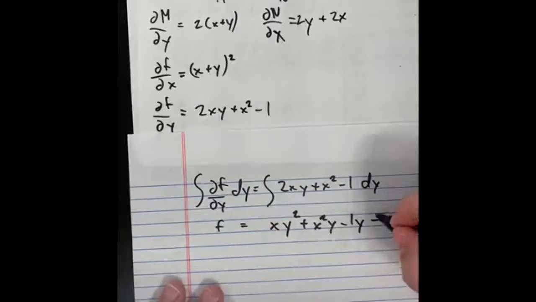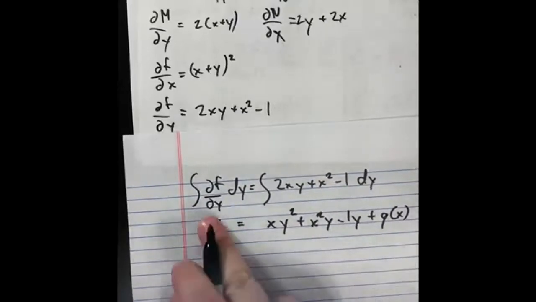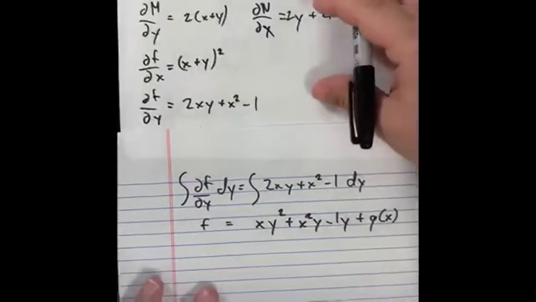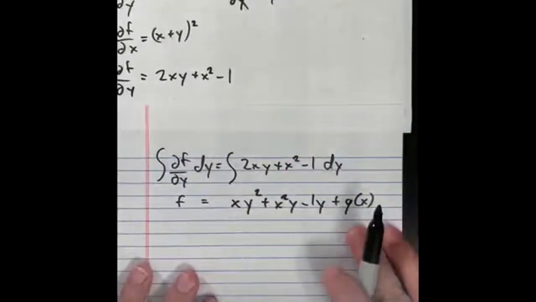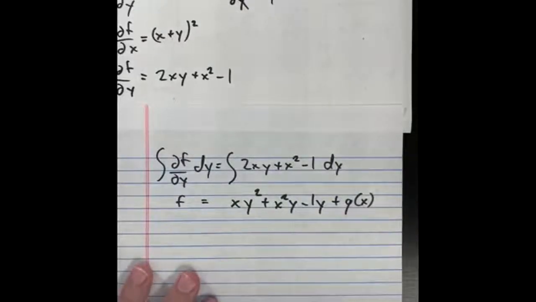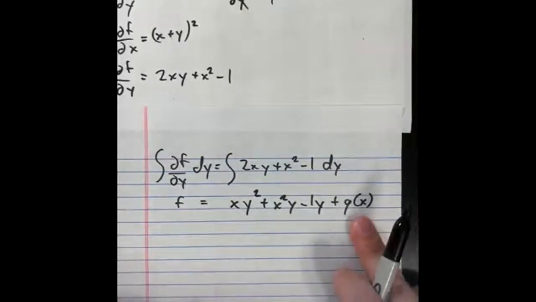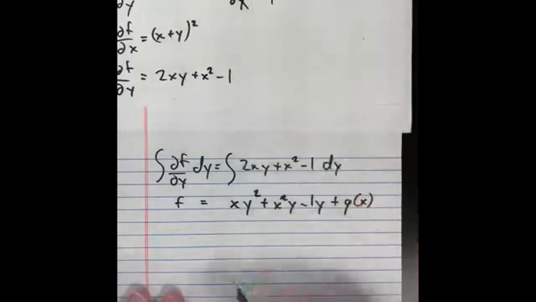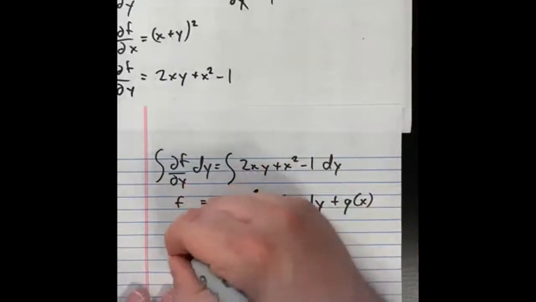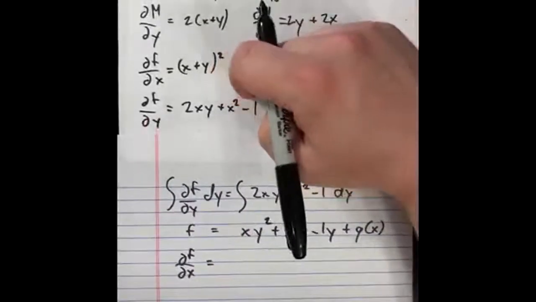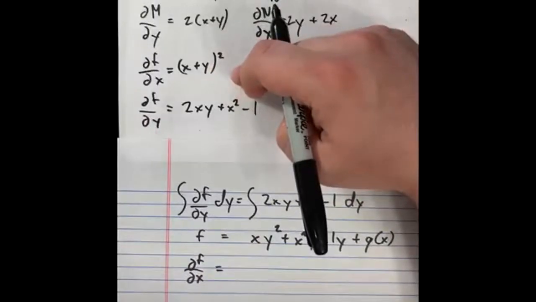And then we're going to have some other thing that's a function of x, because this is a partial derivative, and anything with just respect to x would have been canceled out. So the unknown constant is actually a function of x in this case. To figure out what that is, we need to take the partial of this term with respect to x and compare that back up here to x plus y quantity squared.